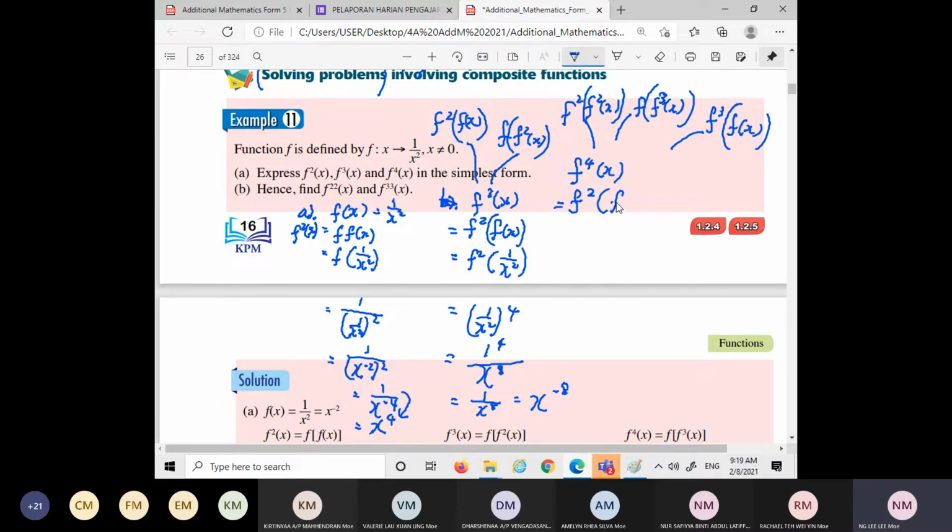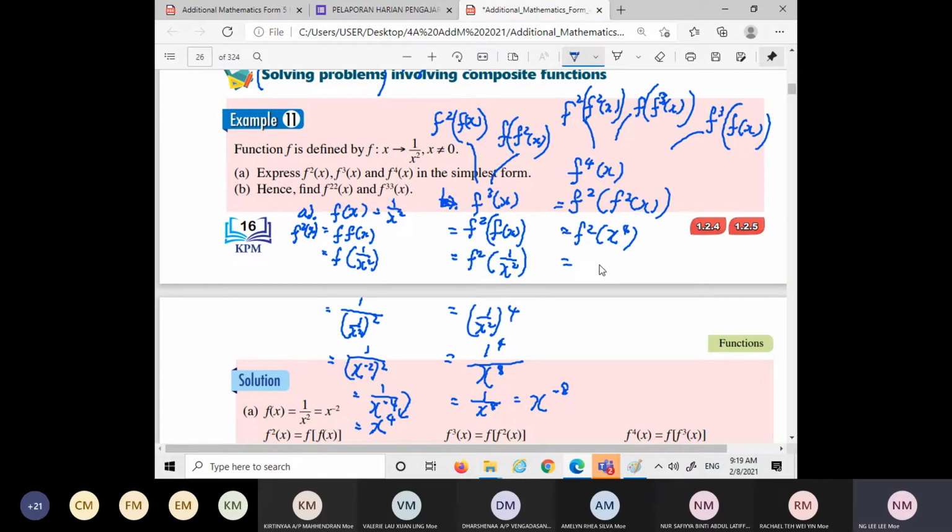Okay, so I'm going to use this. Okay, so f square x. Look at this. F square x, x to power 4. Okay, now we come to second stage. Remember f squared x is going to make the object to power 4.